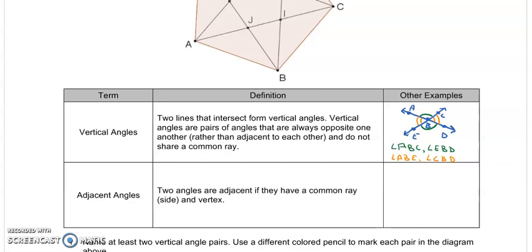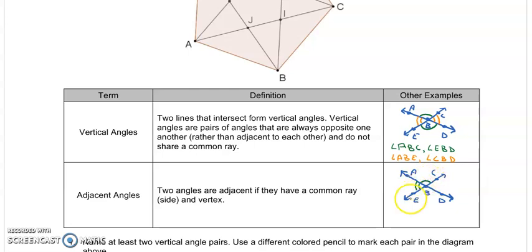So if I'm looking at that same diagram that I just drew in my previous example, I'm going to recopy it here so we can write on it. So A, B, C, D, and E. An example of adjacent angles would be angle ABC, and it's going to be adjacent here with angle ABE.